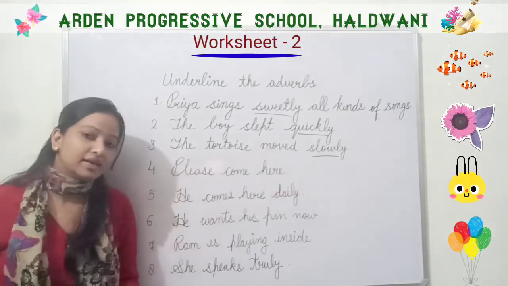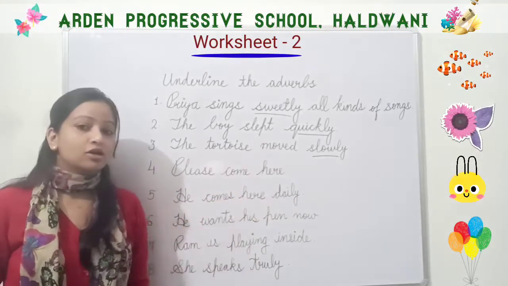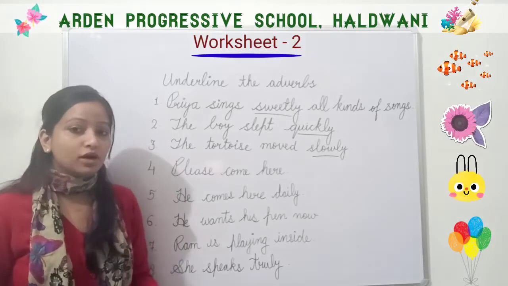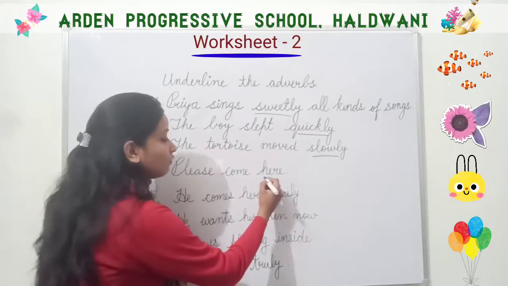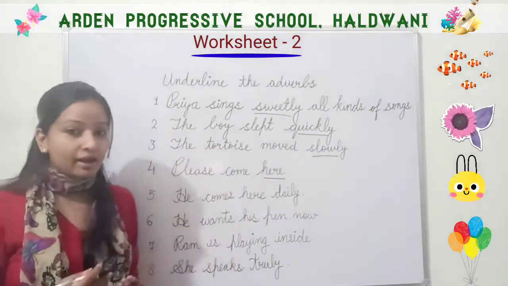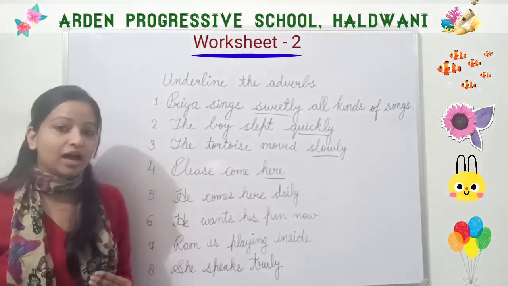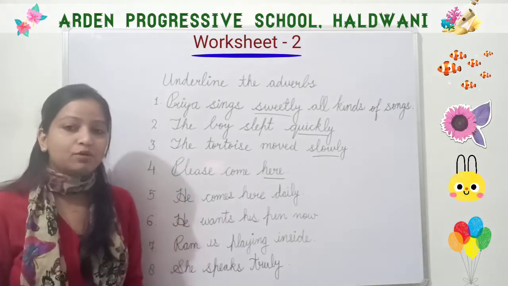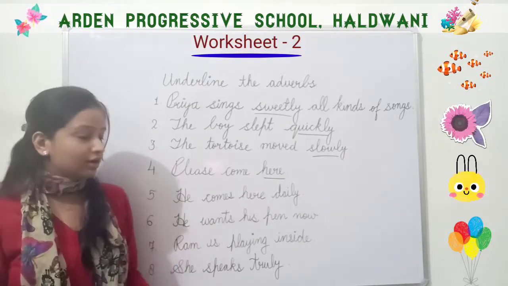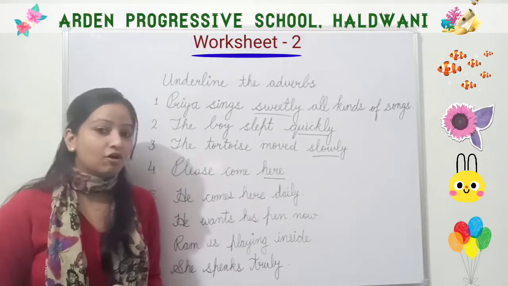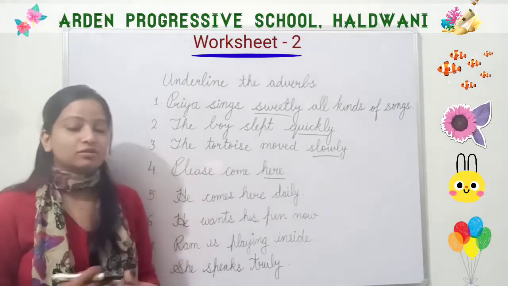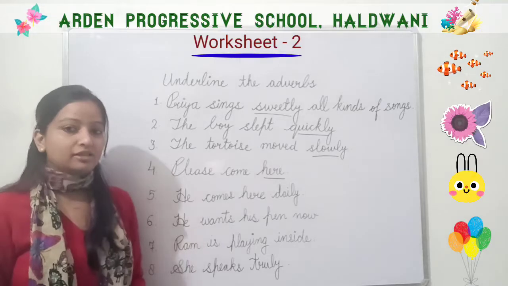Alright, now the next is: please come here. So where do you want me to come? Here. So it is giving us the answer of where, W-H-E-R-E. It is giving us the idea of place, where the action has been done.